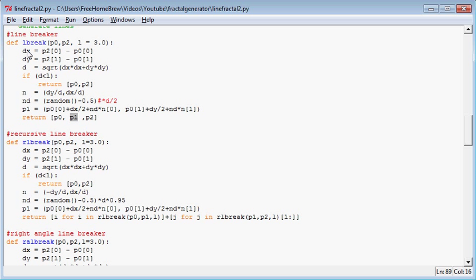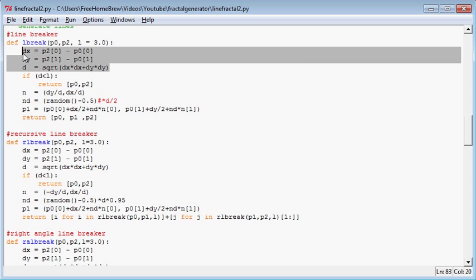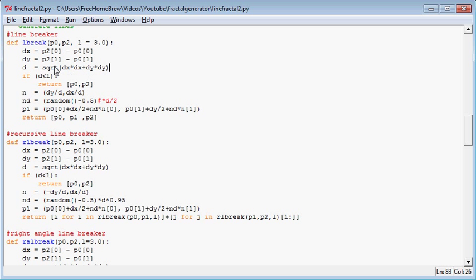So I've got a dx, which is the difference in x coordinates between these two, and a dy, which is the difference in y coordinates, and a d, which is the distance, which is the square root of the difference in x and the difference in y squared. So these are all basic principles you learn in math class.